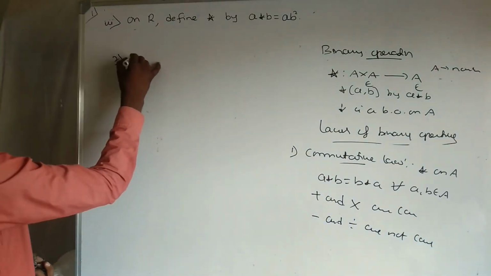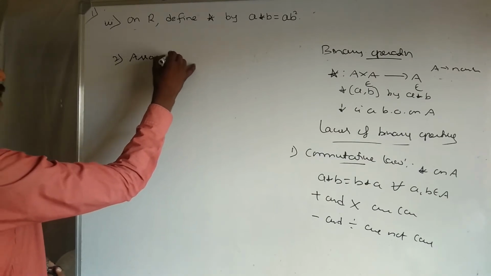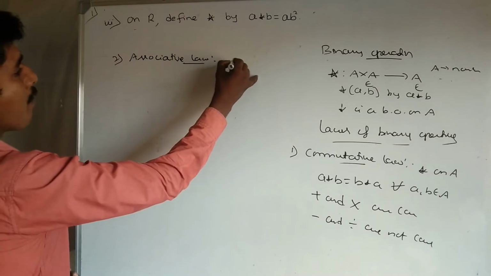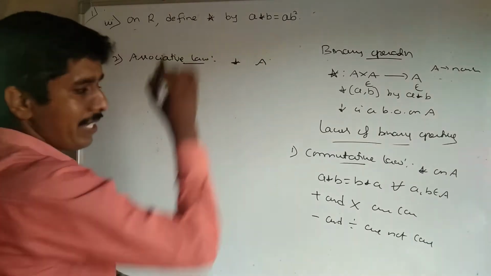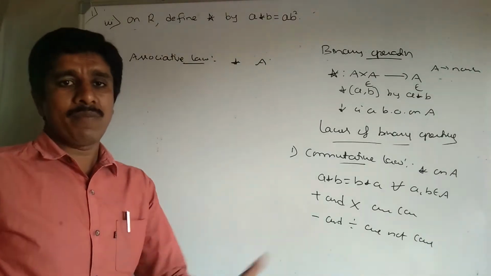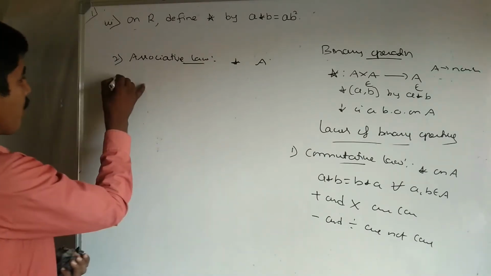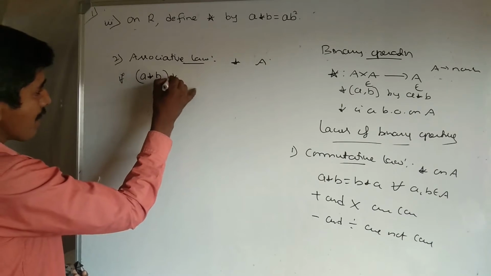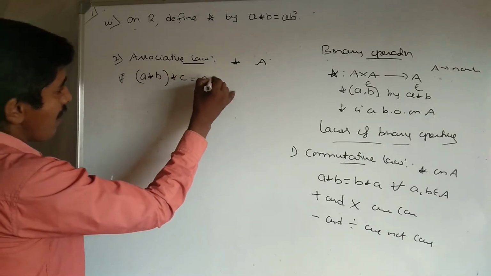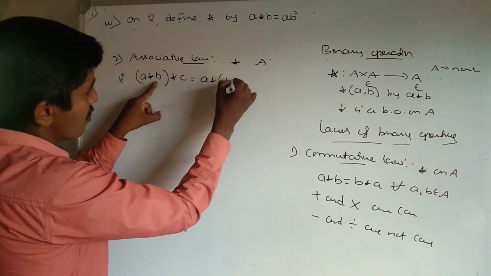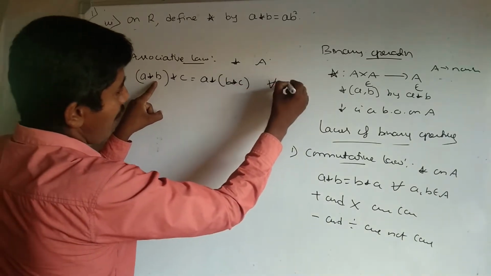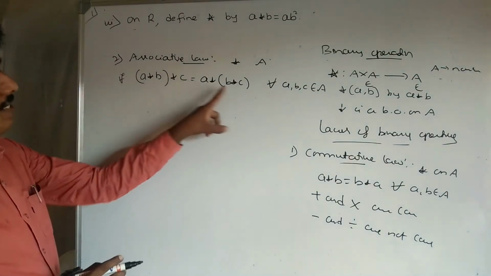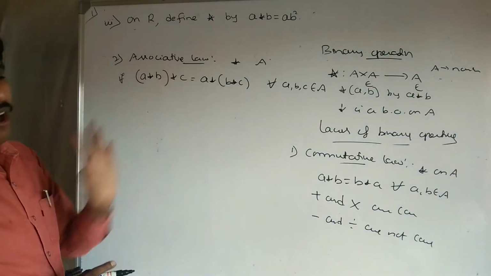Next, second law, associative law. Star is a binary operation on non-empty set A, that means star is a map from A cross A to A. If (a star b) star c equals a star (b star c) for all a, b, c belonging to set A. Here on both sides we can observe a, b, c in order.